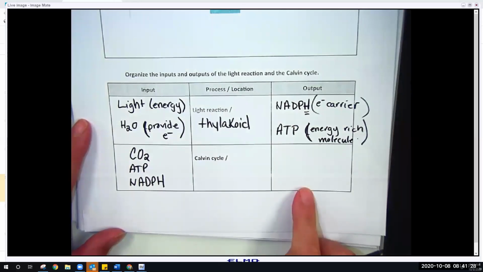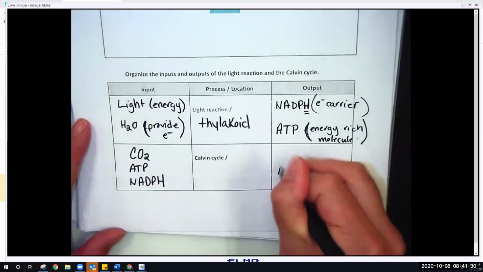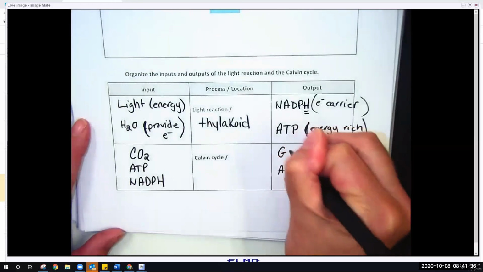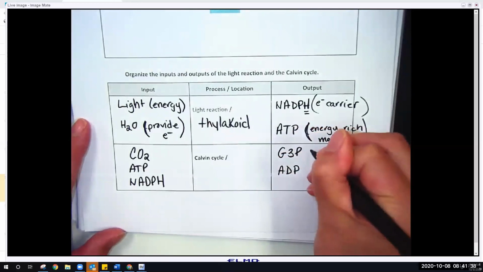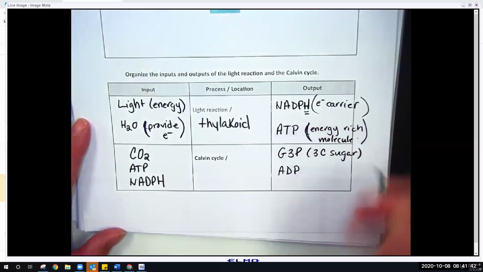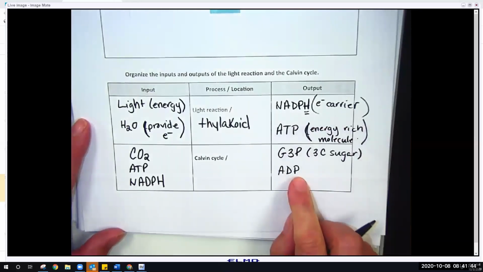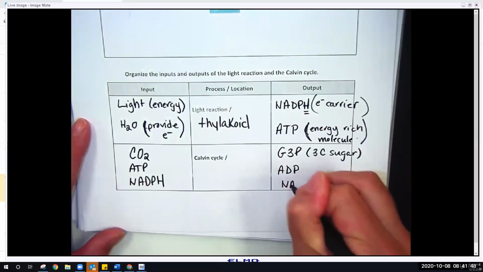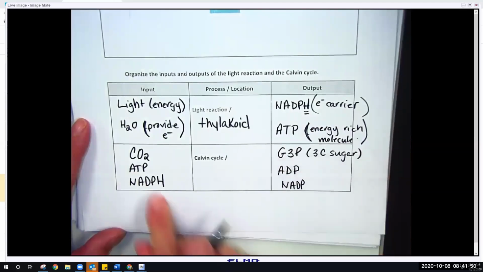Okay, ADP and G3P. So we make G3P. This is our 3-carbon sugar. We definitely made ADP because we dephosphorylated ATP. And then we took the electron and the hydrogen away from NADPH.